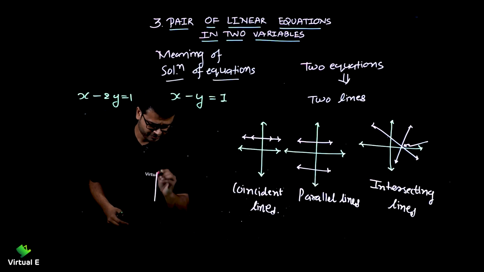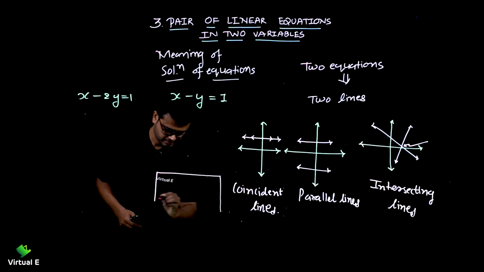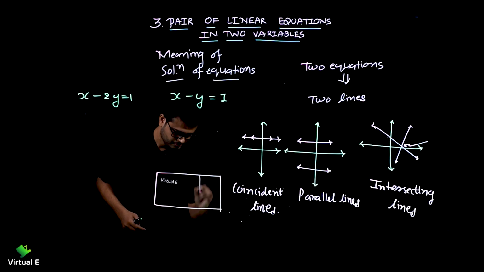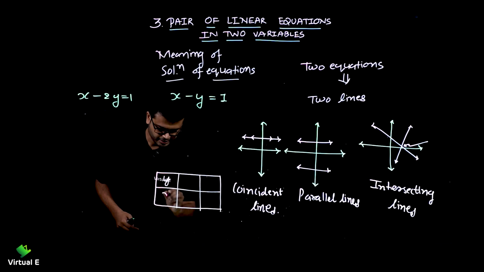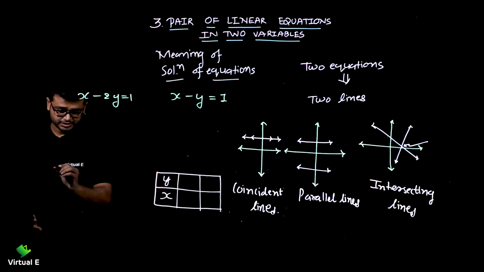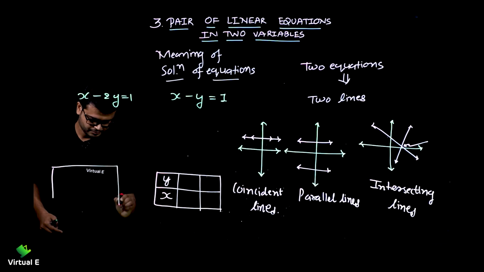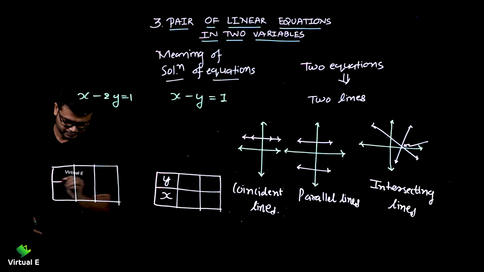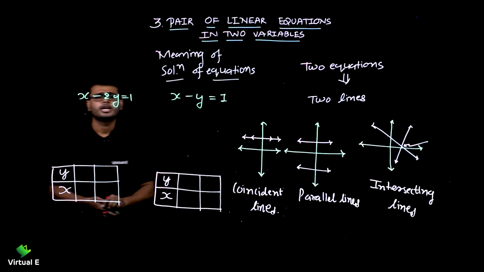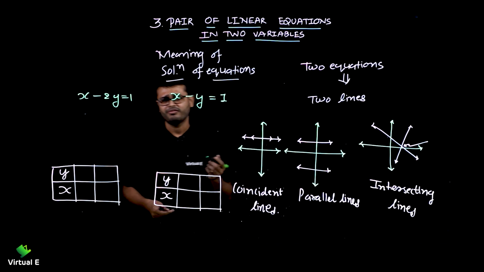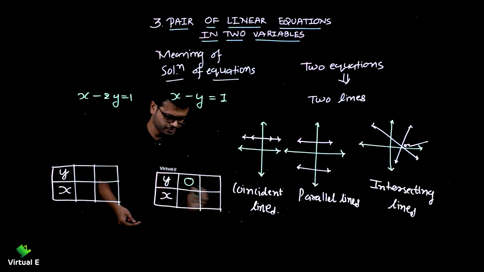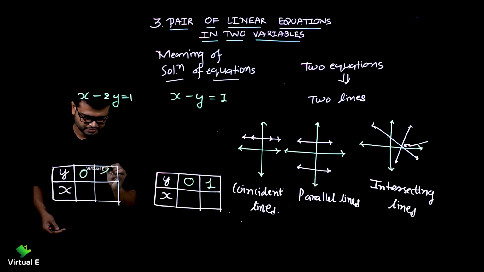Let me make a table for it. y and x, same here. Now I am going to take two different values of y. So first I will take 0, then I will take 1. I will do the same in this case.